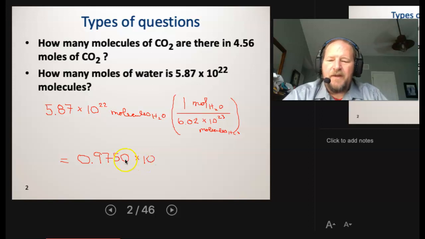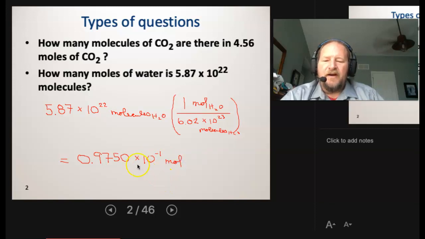And now I'm going to apply my exponent rules. So exponent rules say that if I take 10 to the 22 and I divide by 10 to the 23, it would be the same thing as saying 10 to the 22 minus 23, and that's going to give me a negative 1 moles.